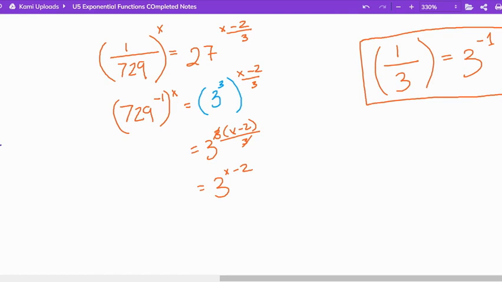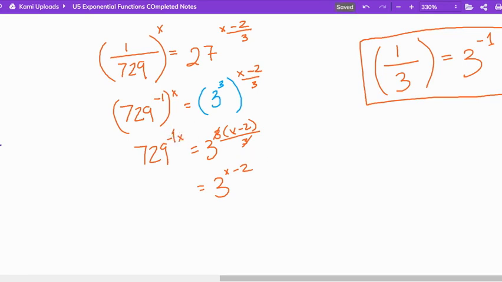Now let's try to do this in our head. 729. 3 times 3 is 9, times 3 is 27, times 3 is 81, times 3 is 243, and I think it's to the power of 6. So then I'm like, wait a second. Okay, 729, so let's simplify. 729 to the power of negative 1x.